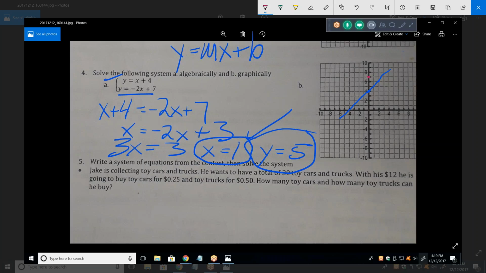So down 2 over 1. Yeah, that's right there. Now that makes it easy to read the solution. Our solution came out exactly where it should, at x equals 1, y equals 5. So graphically gave us the same solution.